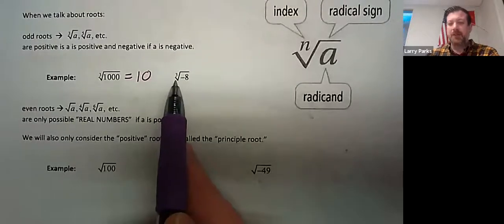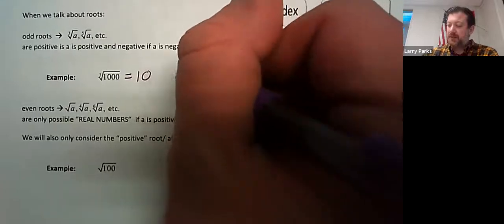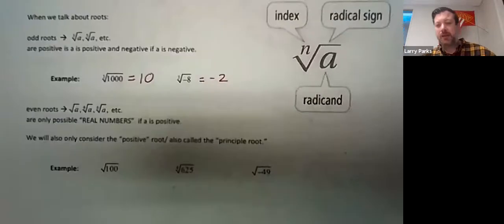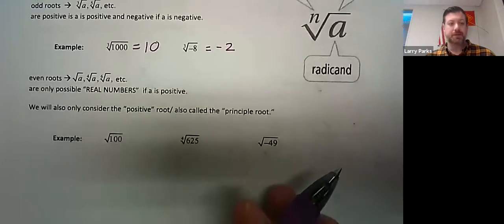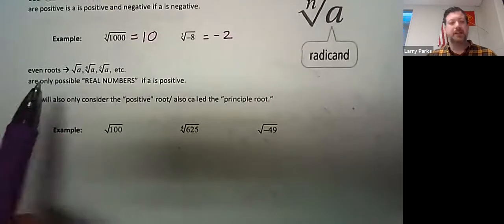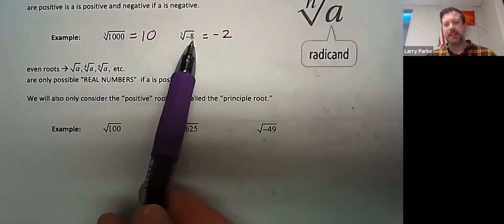What times what is negative 8? Well, that'd be negative 2. Negative 2 times negative 2 is 4, times negative 2 is negative 8. So if you have an odd degree and a negative radicand, it's going to be negative.